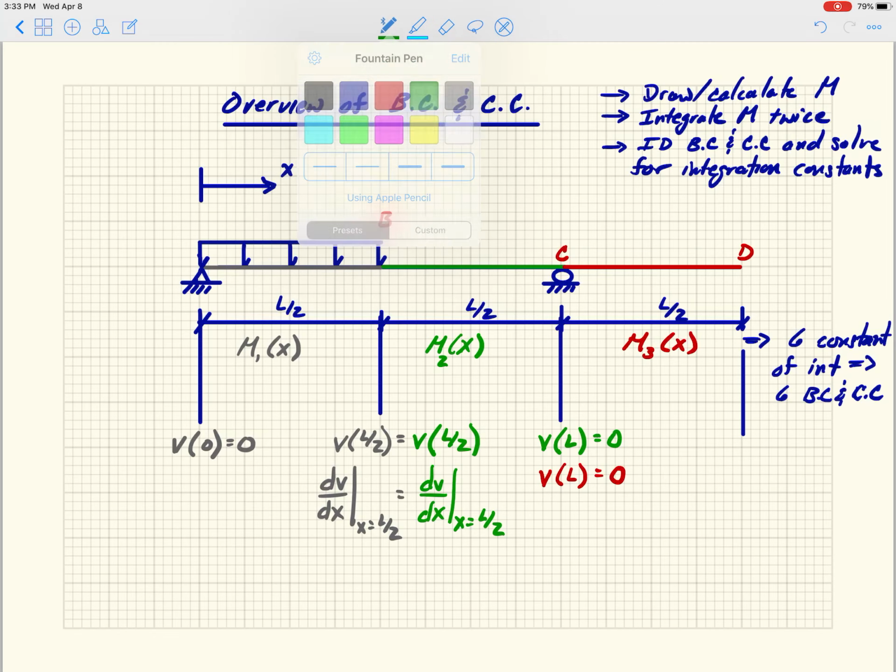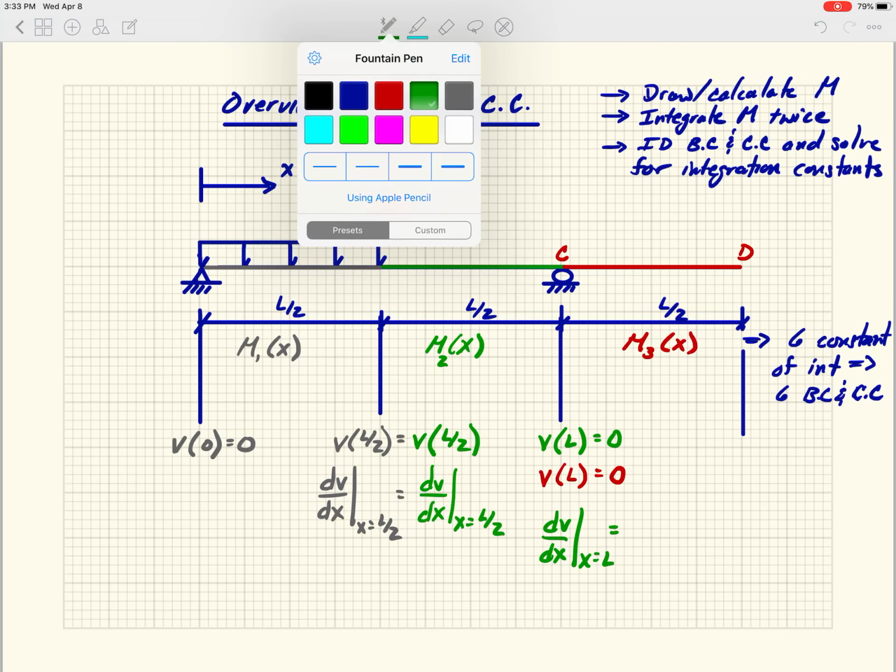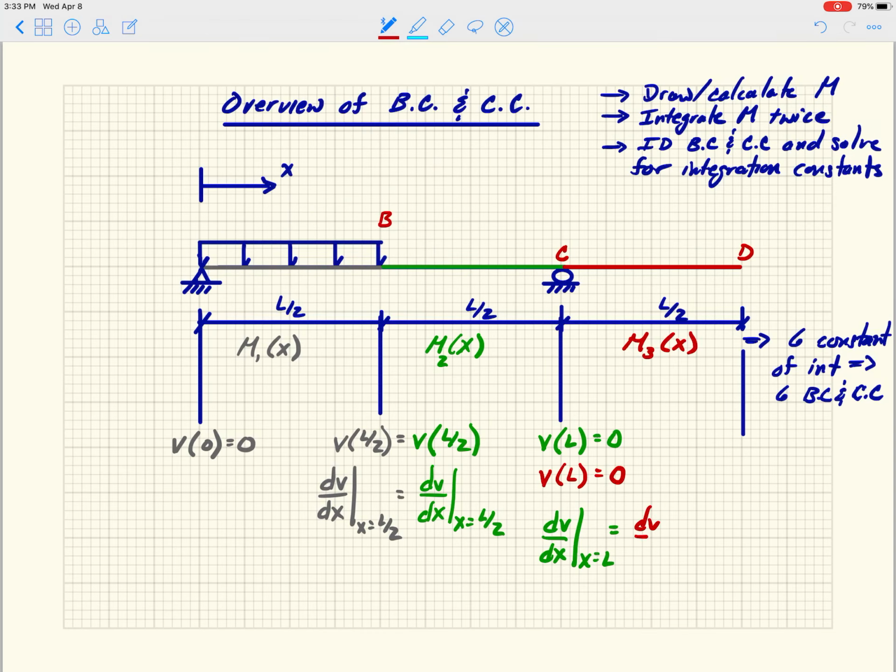And so then the final one, so these are 5, the final one here will be dv dx evaluated at x equals L. That has to equal dv dx of the red curve evaluated at x equals L. Right? So these are the 6 boundary conditions, 1, 2, 3, 4, 5, and 6, right?